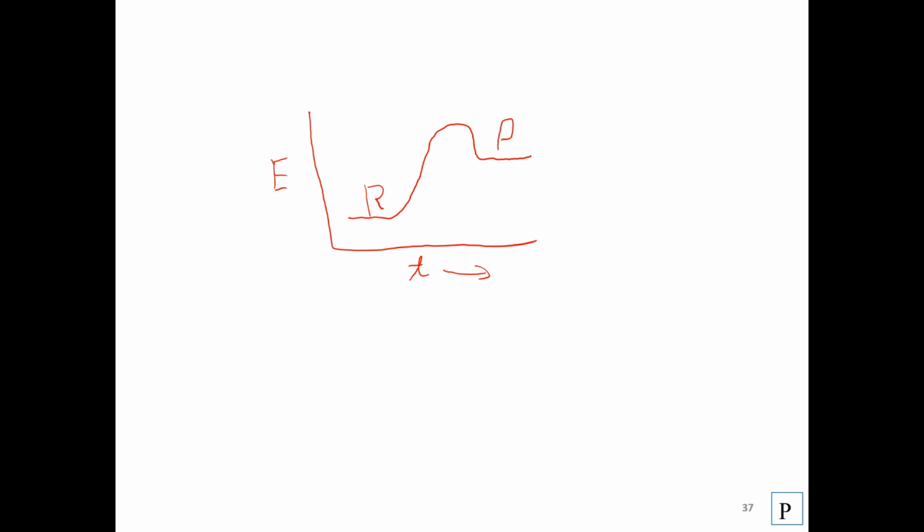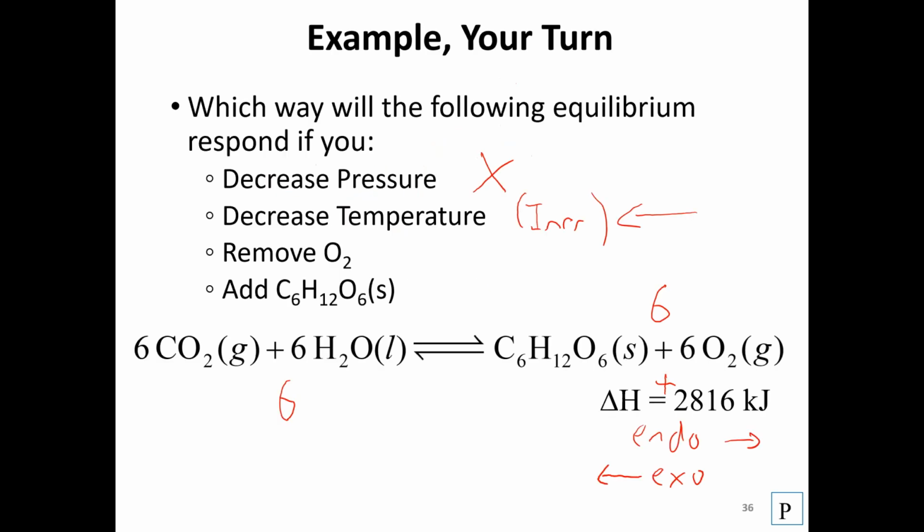So if we decrease the available energy, it's going to favor the lower side of the reaction progress diagram. Shift that way. If we decrease the available energy, it'll favor the lower energy side. Shift left. Which is the same answer we just got the other way.